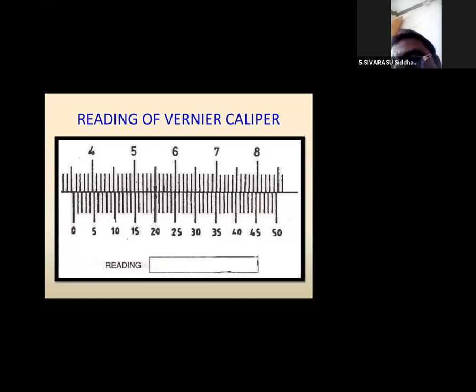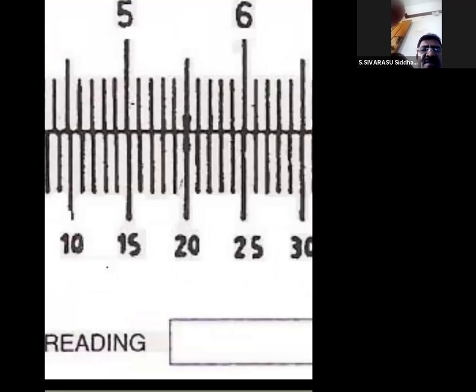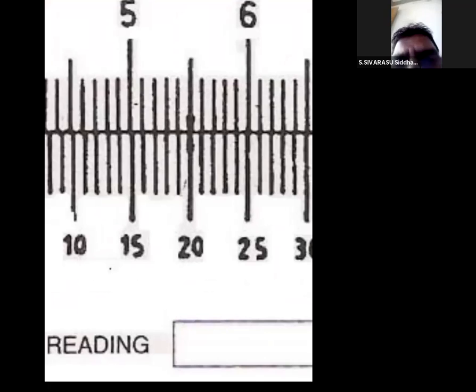Thereafter, you can see which line of the vernier scale coincides with the main scale division. Here you can see the 20th division of the vernier scale coincides with the main scale division. It is in the same line; there should not be any deviation.